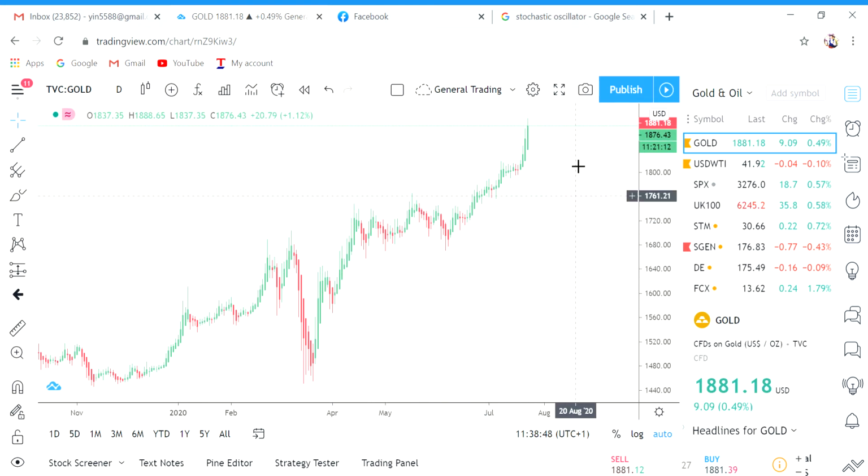In fact, this is what I want to do. If you look at gold since after COVID-19, which was about 1500, it's now up to 1900. It's gone up by $400 in 4 months, so that's $100 per month growth. Gold tends to trend quite well long term, especially with COVID-19 around, which means gold is still quite well backed.